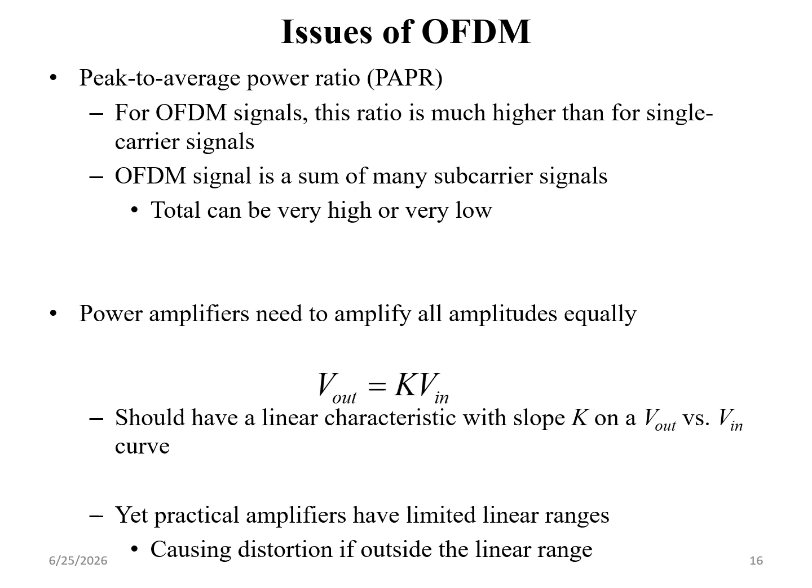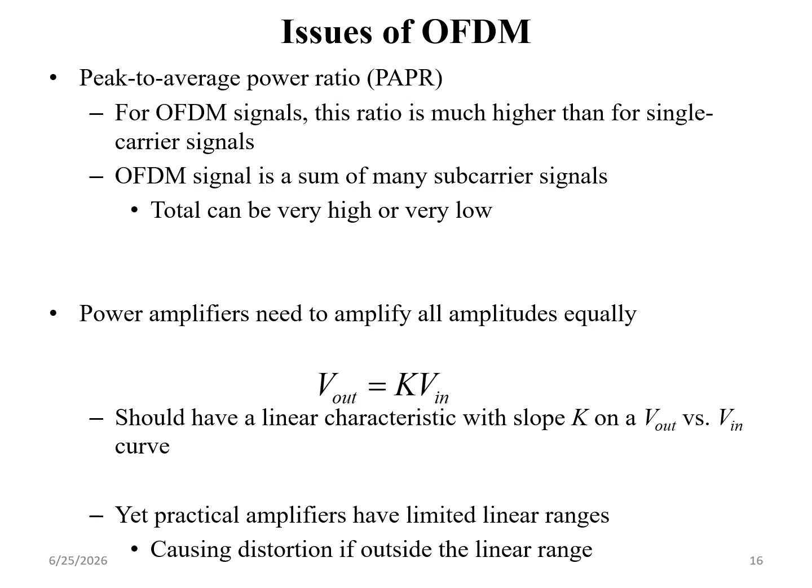Then what are the issues we face with OFDM? The first issue is PAPR, peak to average power ratio. For an OFDM signal, this ratio is much higher than for a single carrier signal. An OFDM signal is a sum of many subcarrier signals.